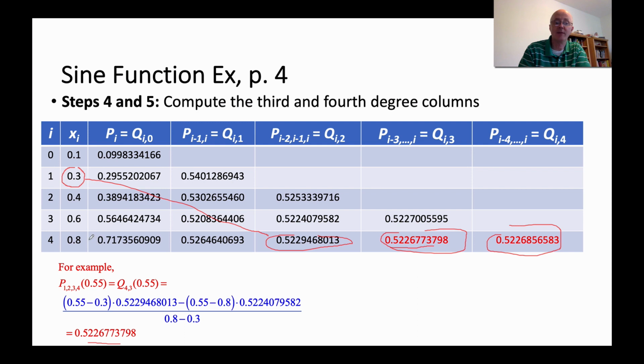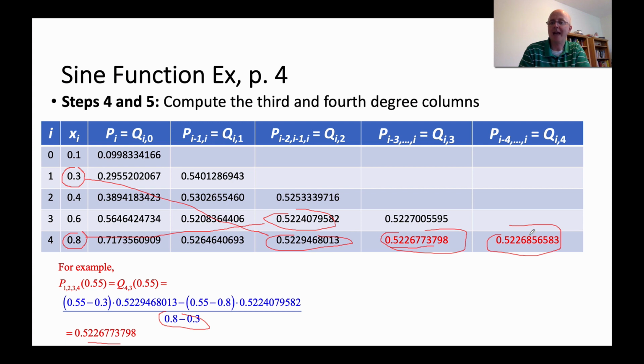Minus 0.55 minus the 4th node, 0.8, times this number here, directly above that one by 1 spot. So your x in the diagram looks like that. Divide by 0.08, or 0.8 minus 0.3. Divide by 0.5 here, and you should double check that you get this number.